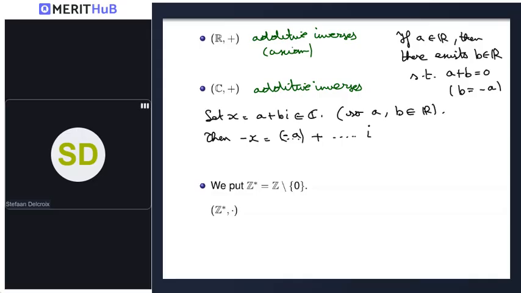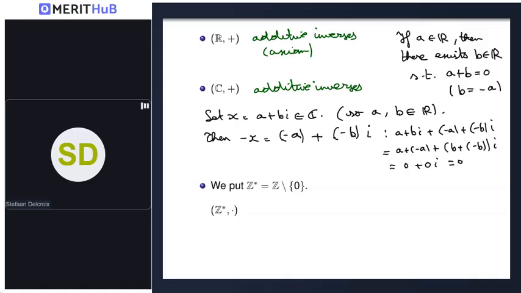Yes, but Maya, I'm trying to get that formula in there. So what is the opposite of x? It's this guy here. It's the opposite of a plus the opposite of b times i. Why? If you add these two together, we add the real parts, add the imaginary parts, and when you add a real number and its opposite, you get 0.